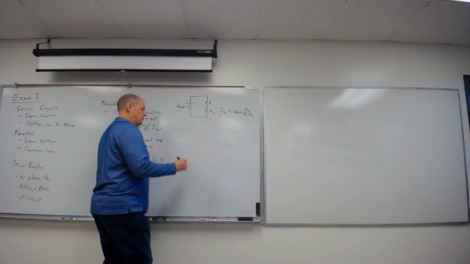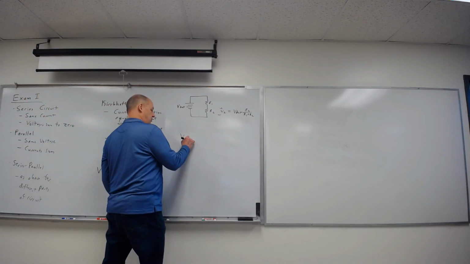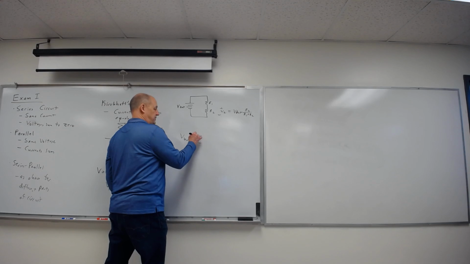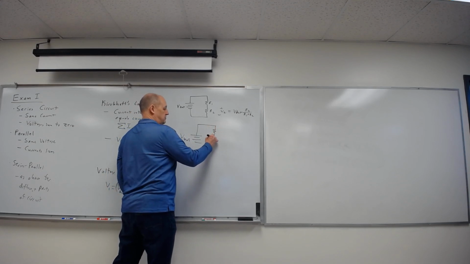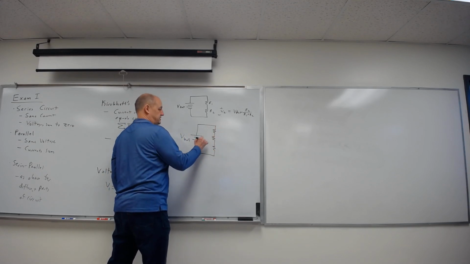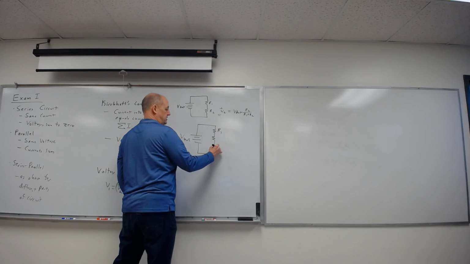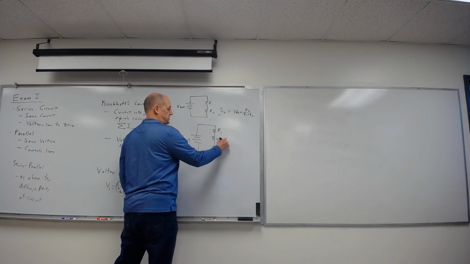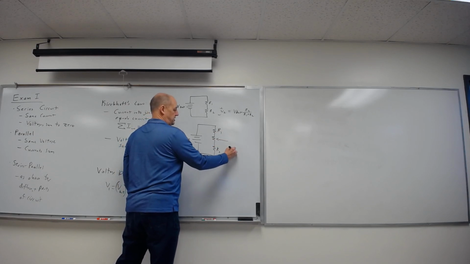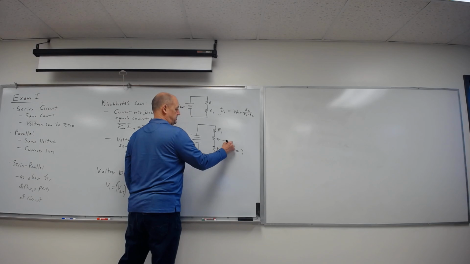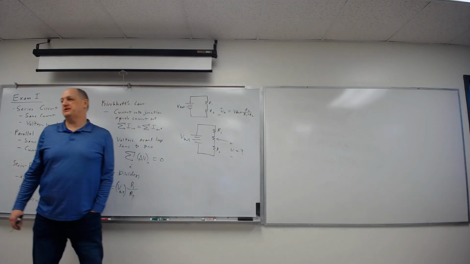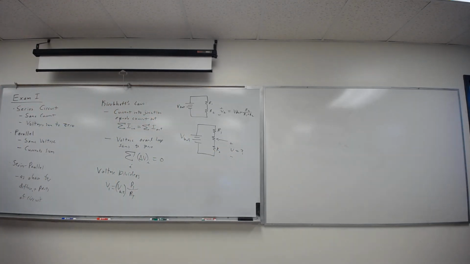Now, the ones I would be more likely to put on are probably something like we did in lab with the potentiometers. Said, hey, here's a resistor 1, here's a resistor 2, here's a potentiometer. Find this voltage based on where the potentiometer is set.